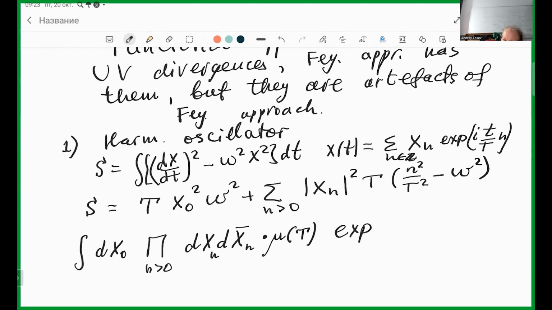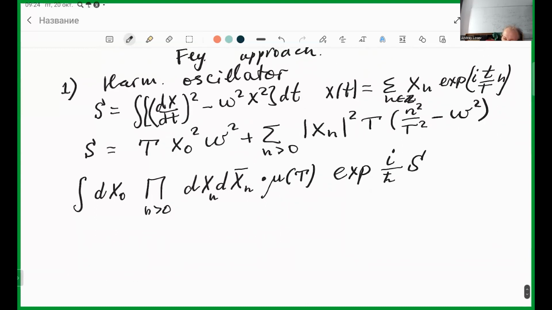And here I have exponential i h s. So what would happen? I will take Gaussian integral.